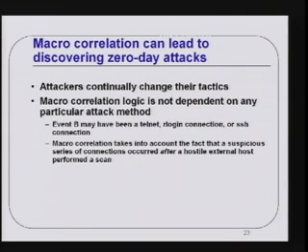Anyway, in the case of a zero-day attack, somebody launches something that your intrusion detection system can't see very well, right? Because it's a brand new attack. Its signature library is not going to have that attack in the library. But the logic of macro correlation really doesn't depend on knowing about specific attack methods. Only things like patterns of connections between machines and the type of information that's exchanged.